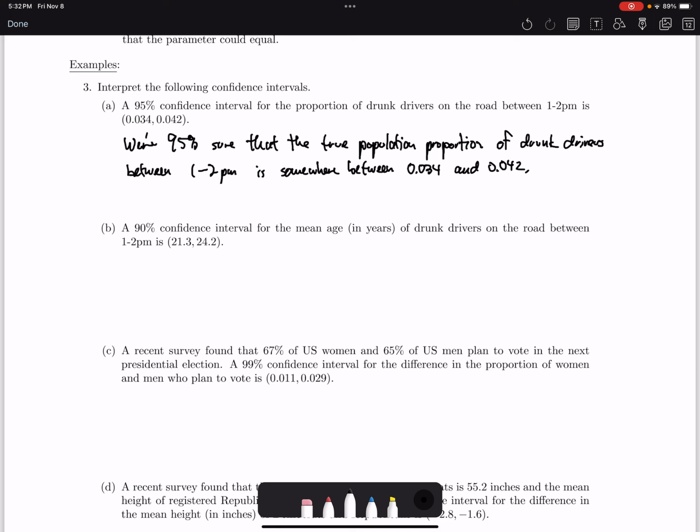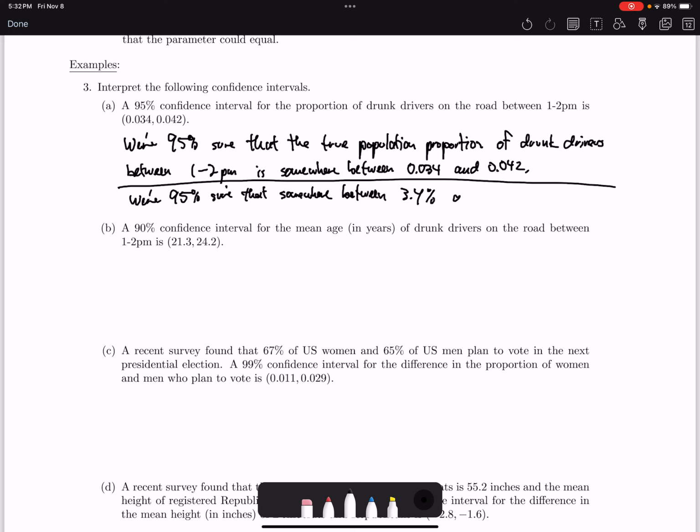Now you could state this differently, right? You could say we're 95% sure that somewhere between 3.4% and 4.2% of drivers on the road from 1 to 2 p.m. are drunk.